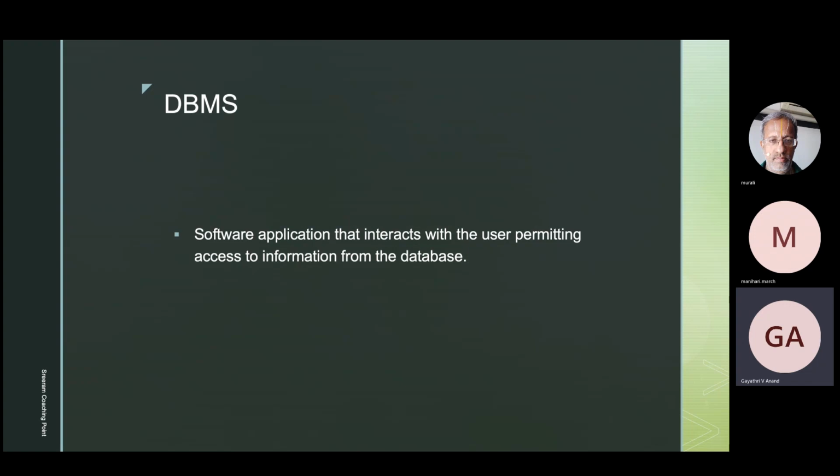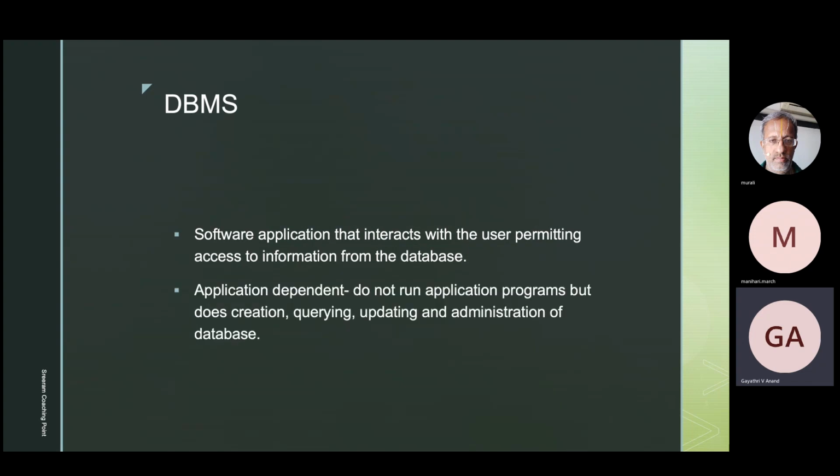So how are we going to keep things in order to ensure that these things also happen? At the same time, it also helps in our processing capability. So basically, it is a software application that interacts with the user, permitting access to information. This access to information is a very, very important keyword because DBMS helps you to access information because it is at one place.